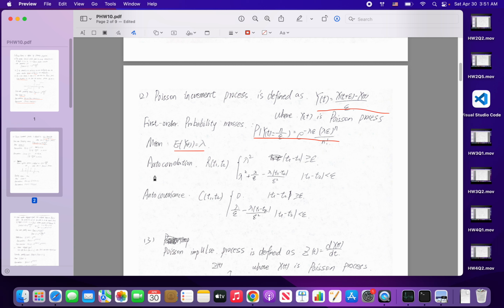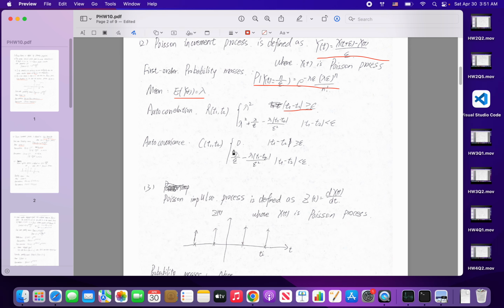And its autocorrelation, when this is greater than epsilon is this, and less than epsilon is this. And the autocovariance is this value.